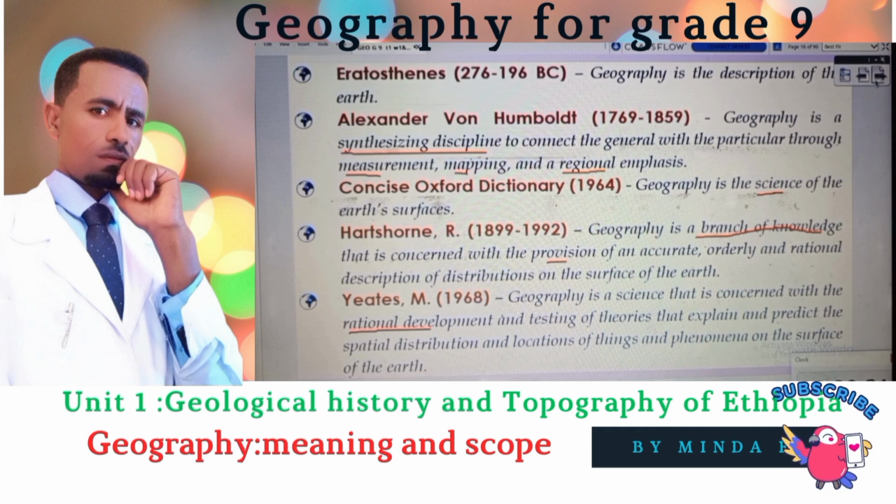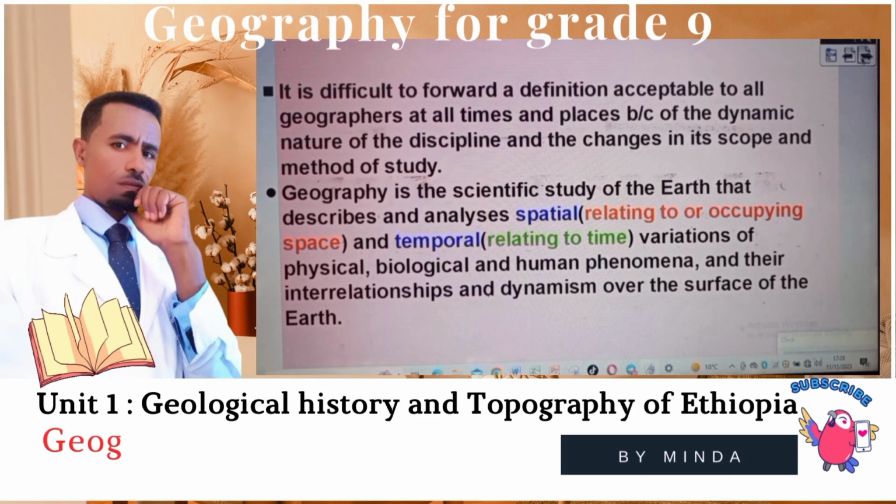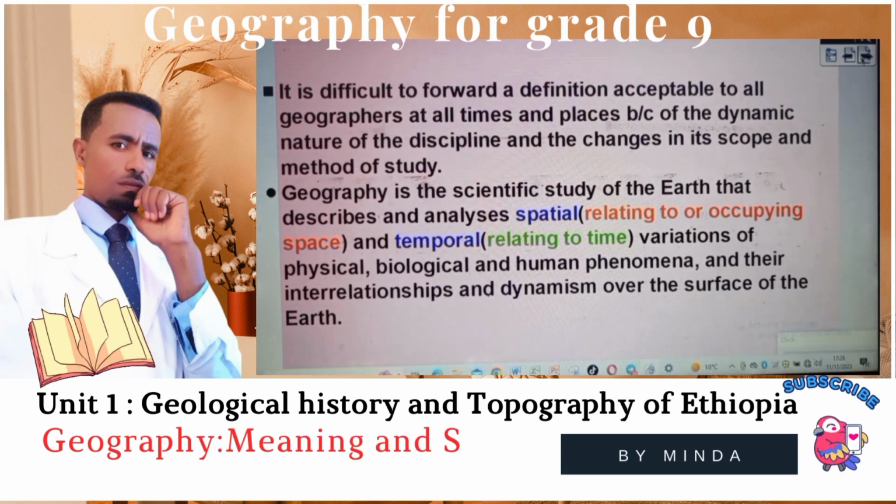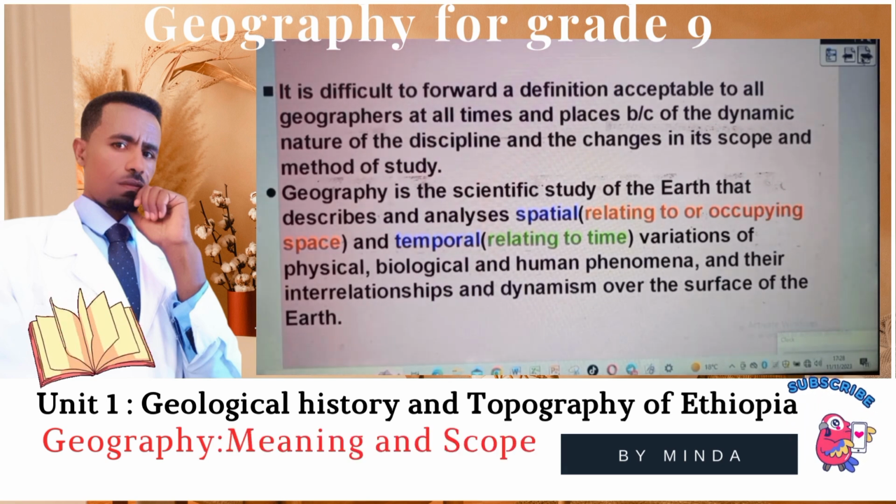So, this shows that geography is defined in different ways.